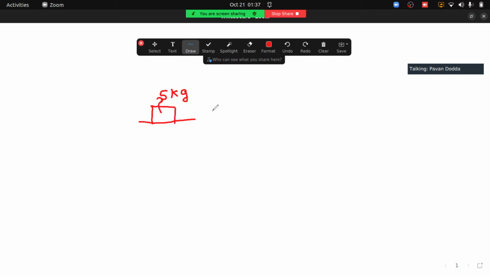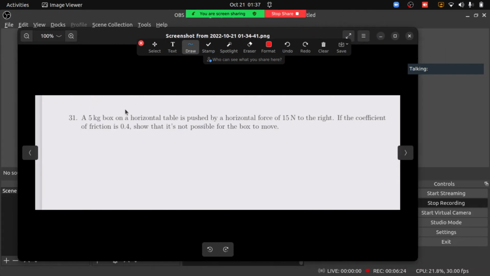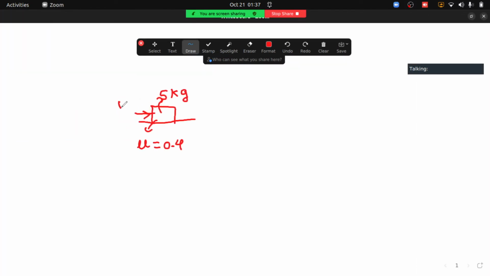And coefficient of friction 0.4. And now we need to show that. And what is the applied force? It's 15 and to the right, and we need to show that the block is not going to move by applying the force of 15 Newton, right?